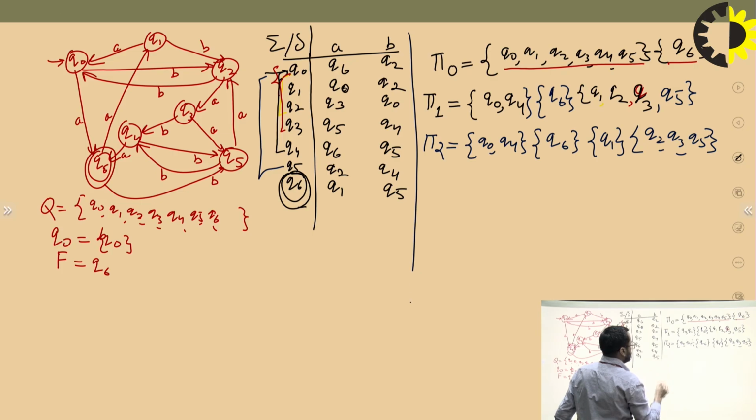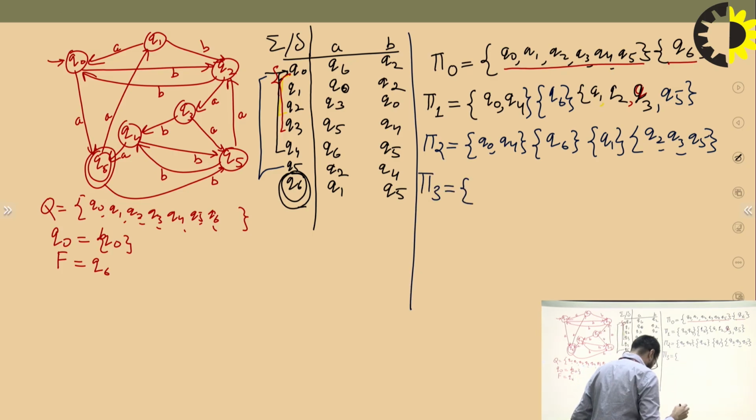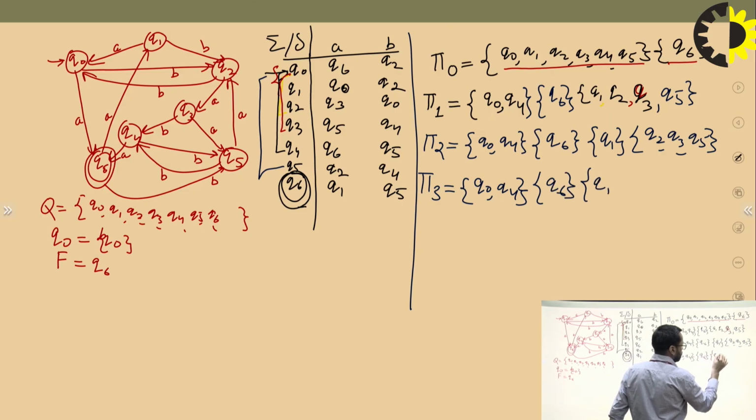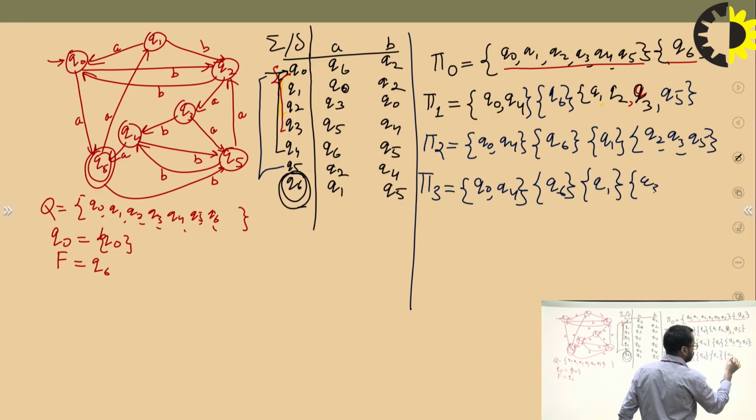When we calculate the three equivalence, as expected, we have the same set values as the previous one. Q2, Q3 means no change here. No different set values occurred here.